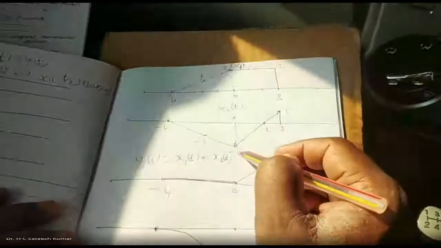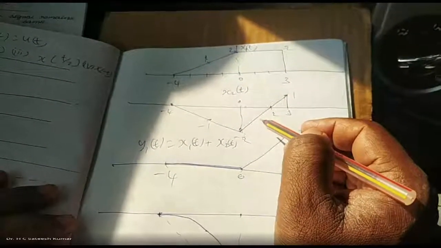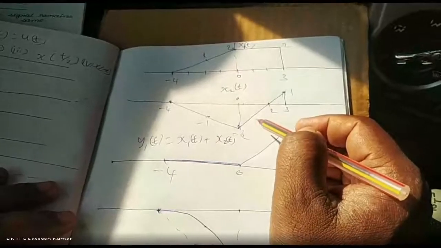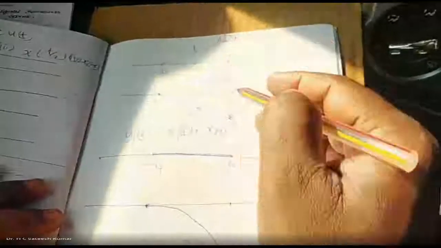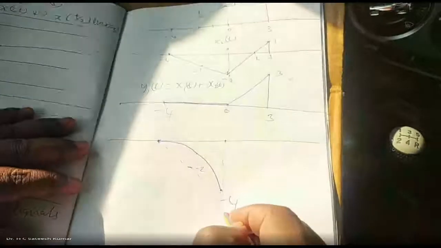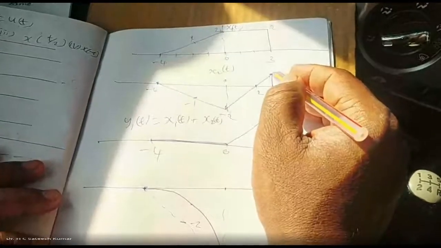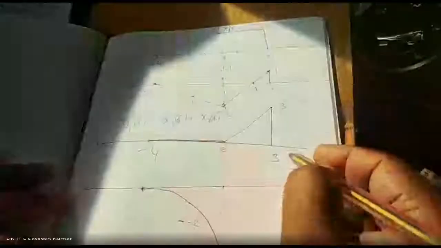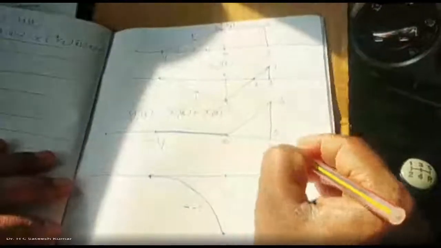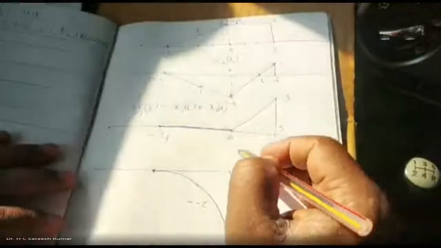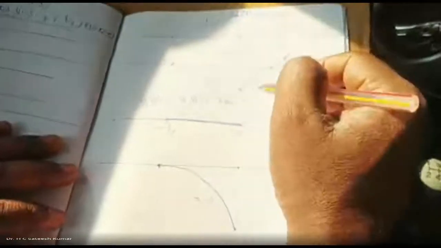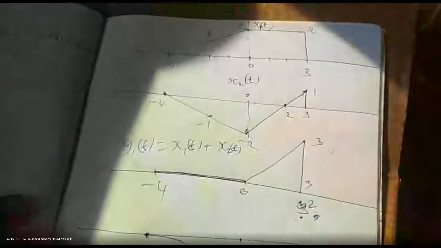Constant into increase is increase. Go to endpoints. -2 into +2 is -4. Okay, right? So next, 1 into 2 is 2. So it will go up to 2. This is 3, if you're calling this 2. So constant, see, something into 2, 2 times something you will get. So therefore, what you will get?